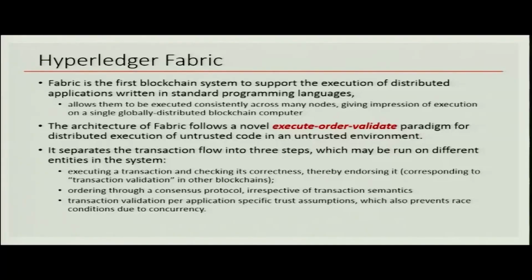If the transactions are on completely different sets of data, then their ordering is not that important, but in any case the orderer will order the transactions, and these ordered transactions are put into a block. We call it cutting a block, and then the block hash is computed, a sequence number is given to the block, and then the block is broadcast by the consensus nodes to the rest of the nodes.